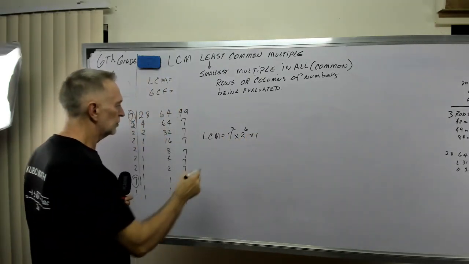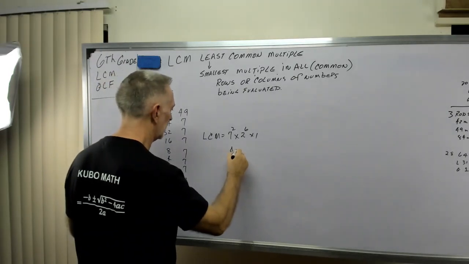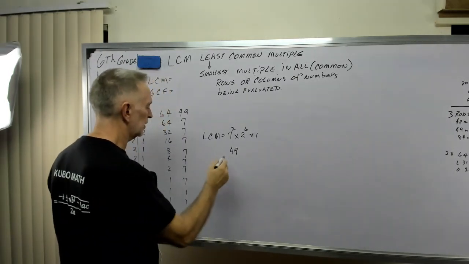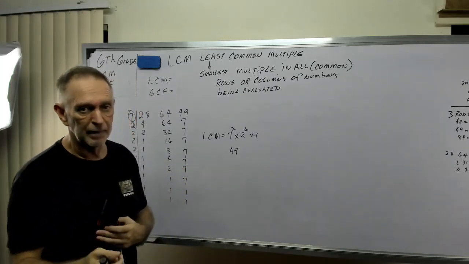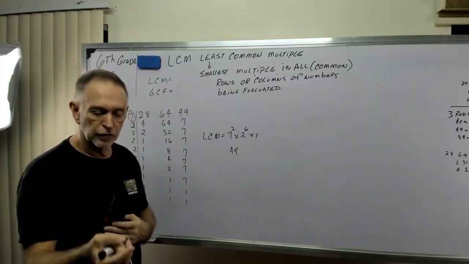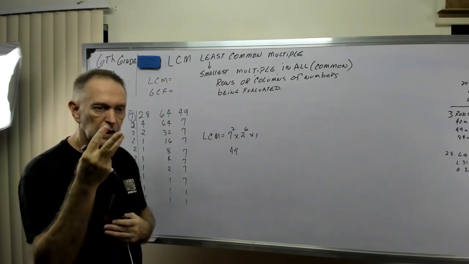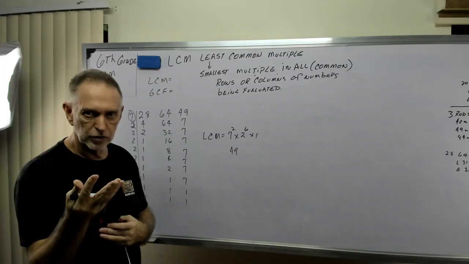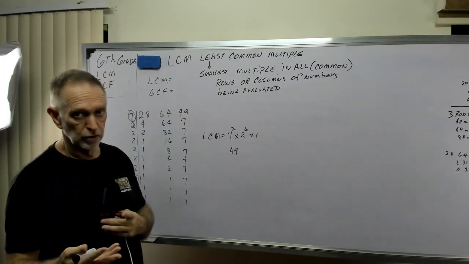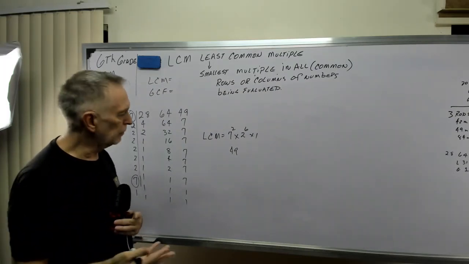Okay, 7 to the 2nd power is 49. 2 to the 6th power is 64, but you can get that by 2 times 2 is 4, times 2 is 8, times 2 is 16, times 2 is 32, times 2 is 64.